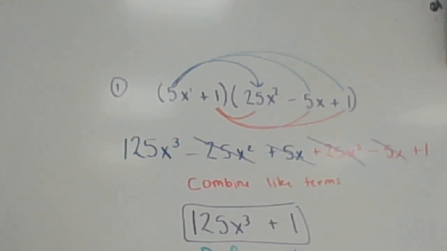So under your bell work, let's make a list of all of the perfect cubes. Let's do the first 10 numbers to the third power. So make a list of what 1 to the third is, 2 to the third, 3 to the third, 4 to the third, 5 to the third, 6 to the third, 7 to the third, 8 to the third, 9 to the third, and 10 to the third power.